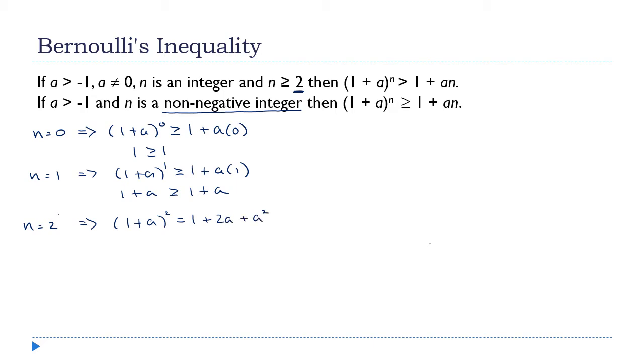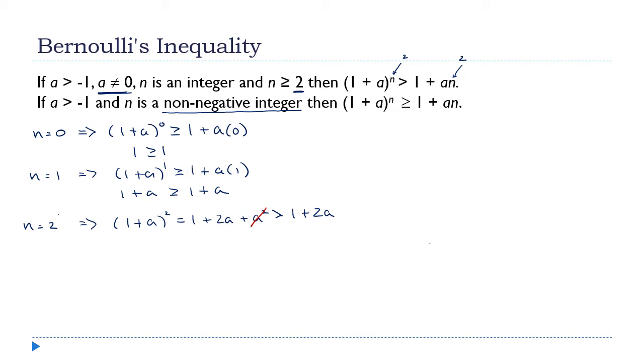Now, because any number squared is positive, and because we have this one little requirement here, a can't be 0, that means that a squared is strictly greater than 0, which means if I take it away, I make the resulting expression smaller. So this has to be greater than 1 + 2a, but that's what I needed to show. If you replace n with 2 here and 2 here, you get that inequality.